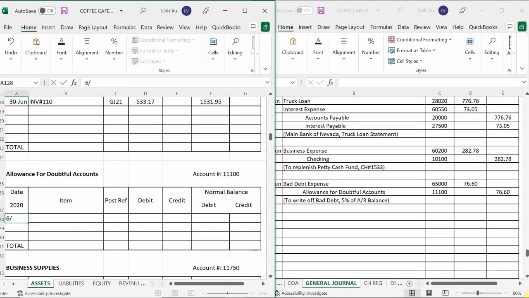However, this potential bad debt is basically saying that out of this, 70 of those dollars could be uncollectible. We just don't know when. So in this case, I'm going to write 5% of accounts receivable balance.